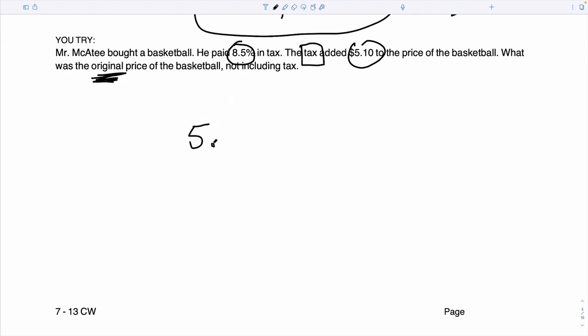Try this on your own in the next minute. See if you can decipher what I do with 8.5%. You're given just the tax.